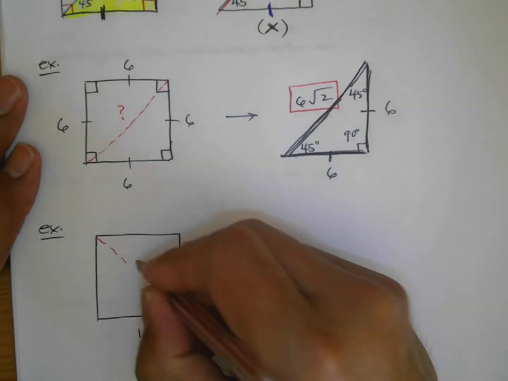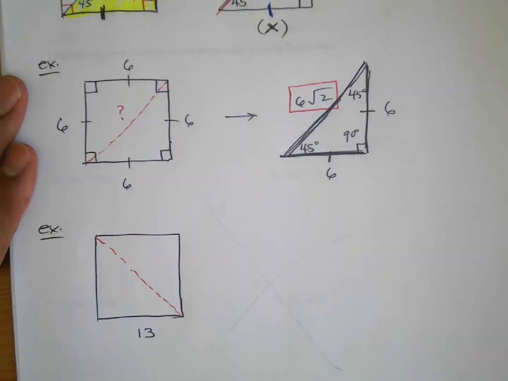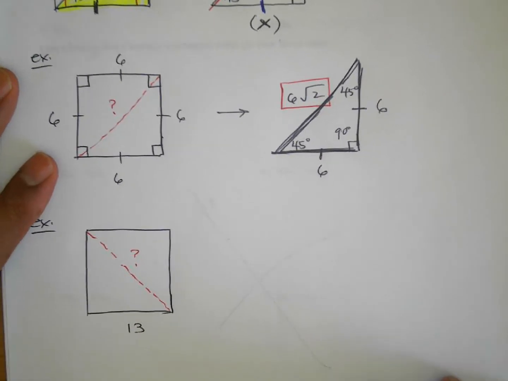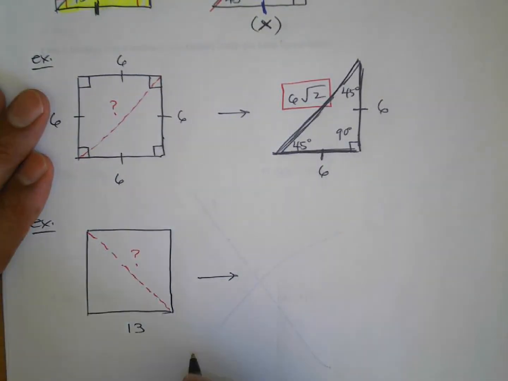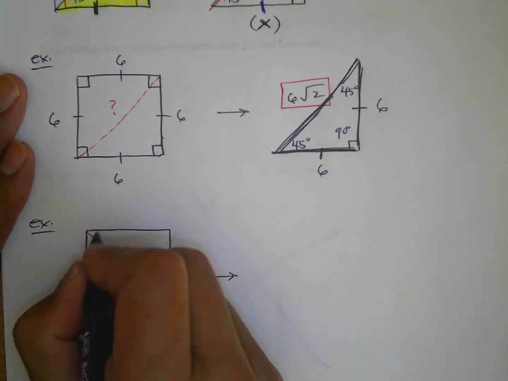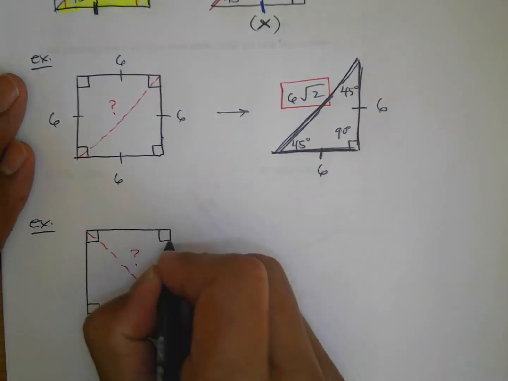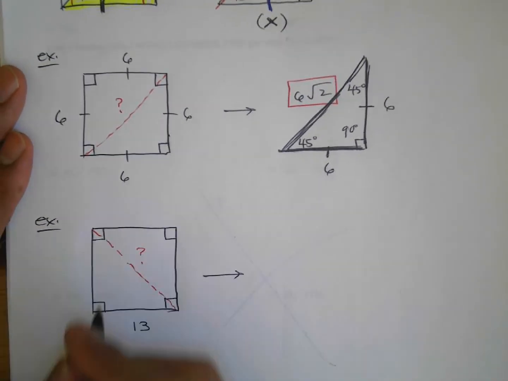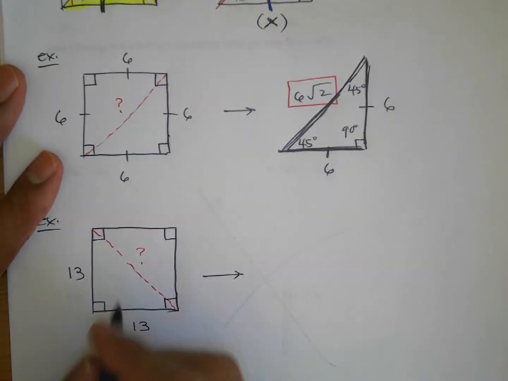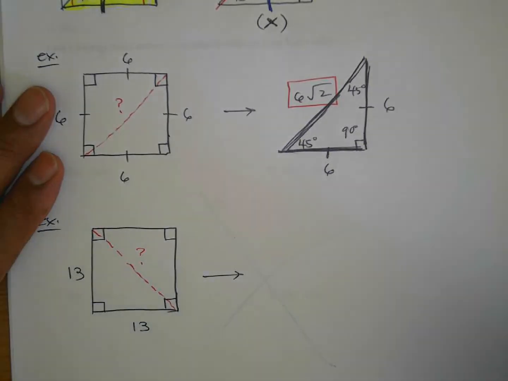It doesn't matter. Let's say you have a square and the side's 13 and they're asking you how much is the diagonal. Well, you already know you're dealing with a square, so all the corners are 90. And if this one's 13, the other leg is also 13, because the sides are all congruent.